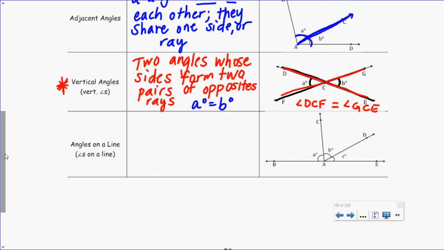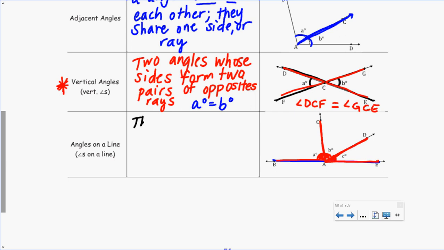Angles on a line. If you outline right here, this line BAE, you can also outline BAC, CAD, and DAE. Those three angles together form what's called a straight line.